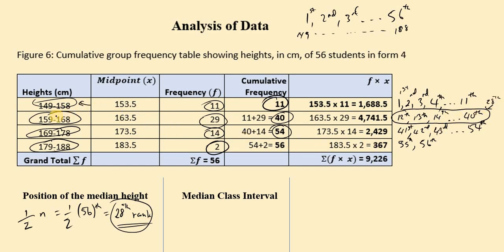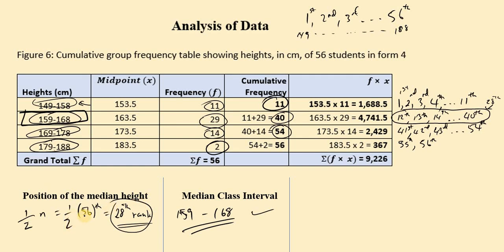So therefore, this category here is our median interval, the 159 to 168. It's a very popular category, isn't it? So the median class interval is the interval 159 to 168, because the 28th rank is the position of the median.